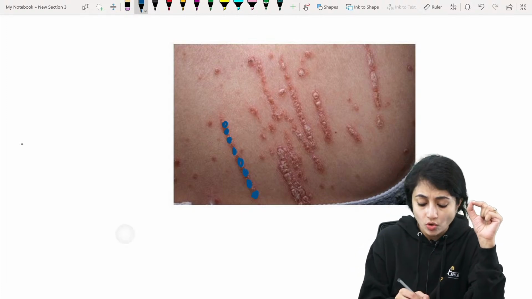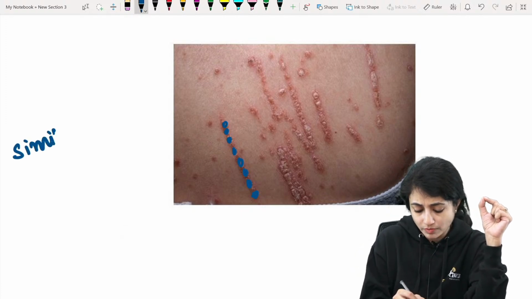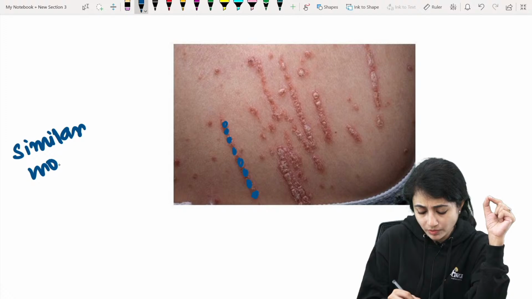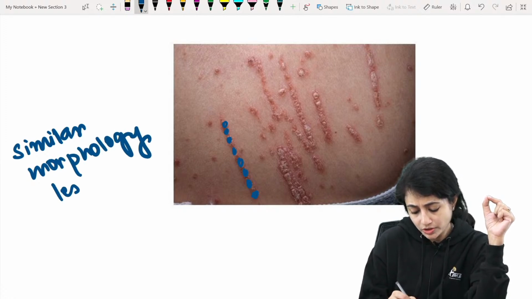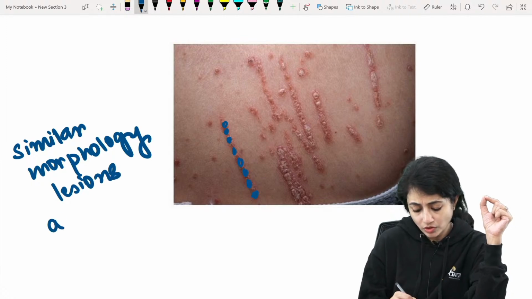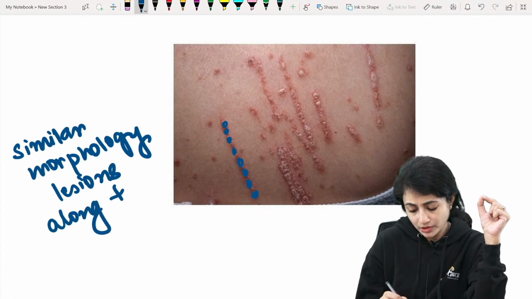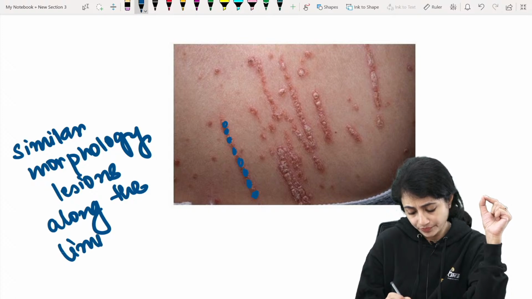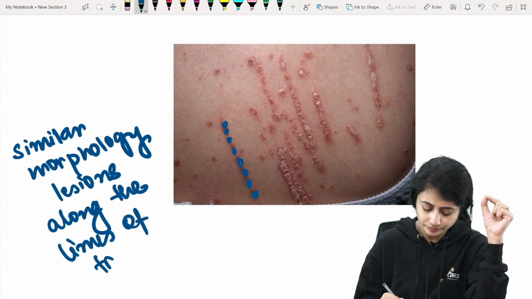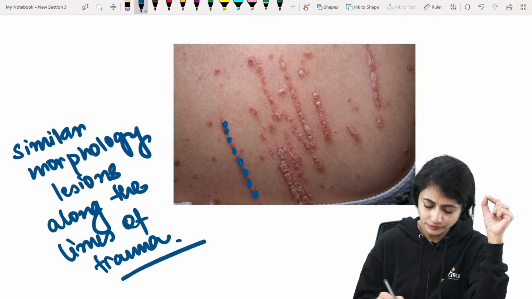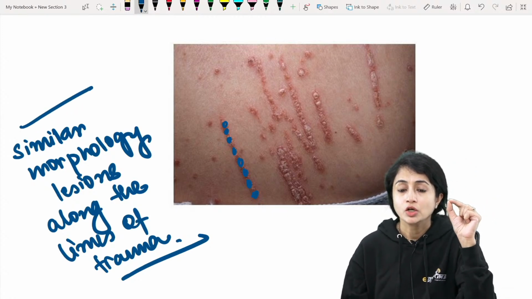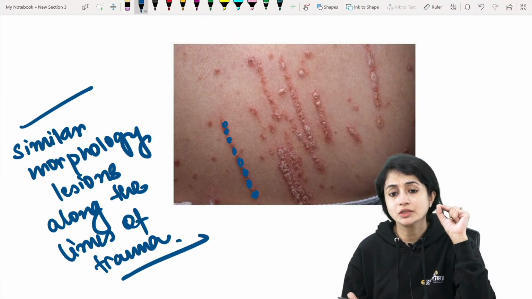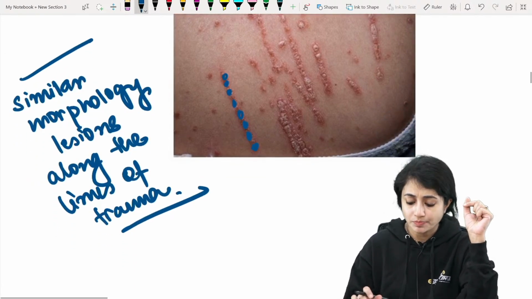Getting lesions of similar morphology, it's important. Similar morphology lesions along the lines of trauma. This is called as Koebner's phenomena.